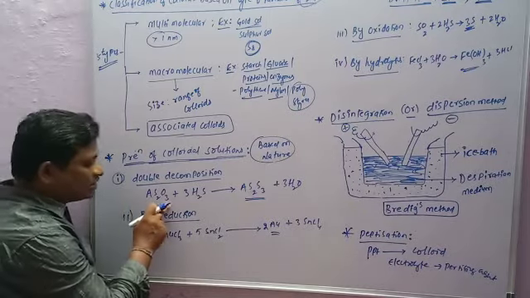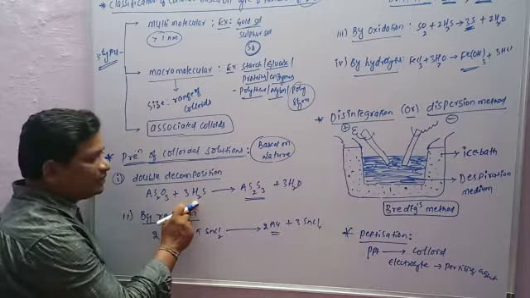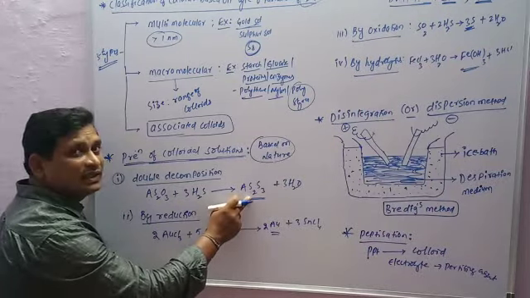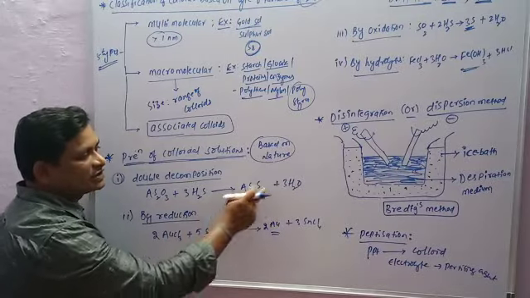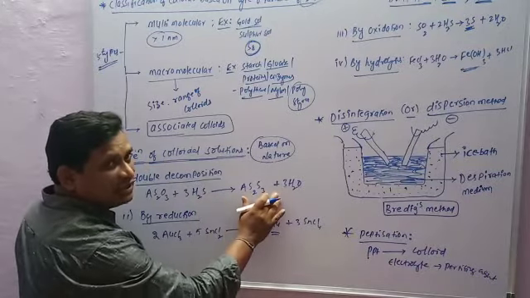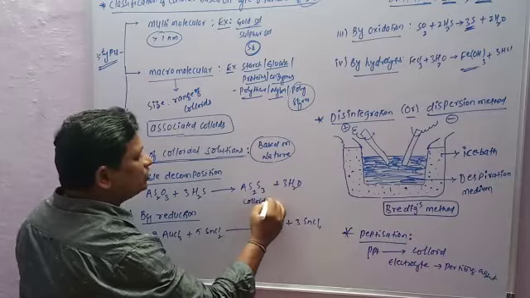Wherein arsenic oxide, As2O3, is treated with hydrogen sulfide. It gives arsenic sulfide, As2S3, and water. The obtained arsenic sulfide is the colloidal sol.